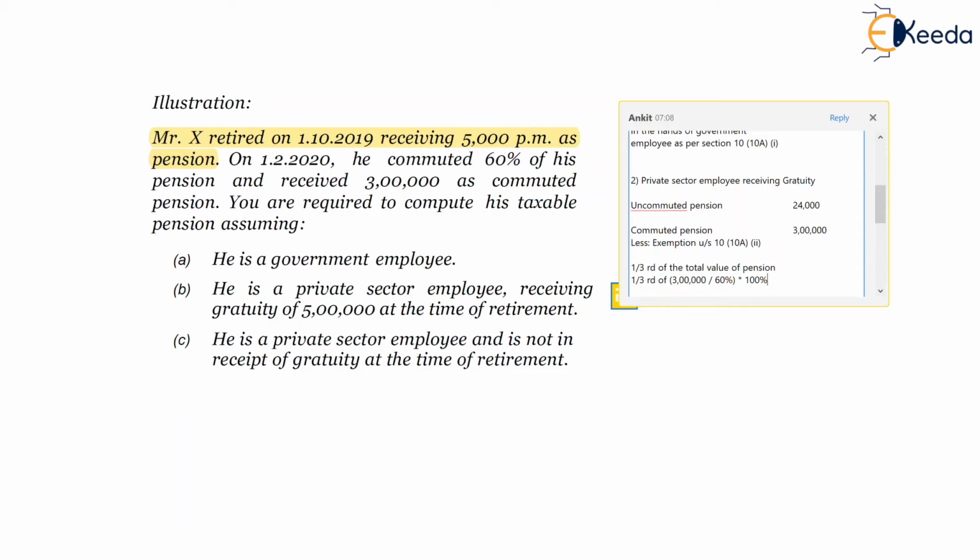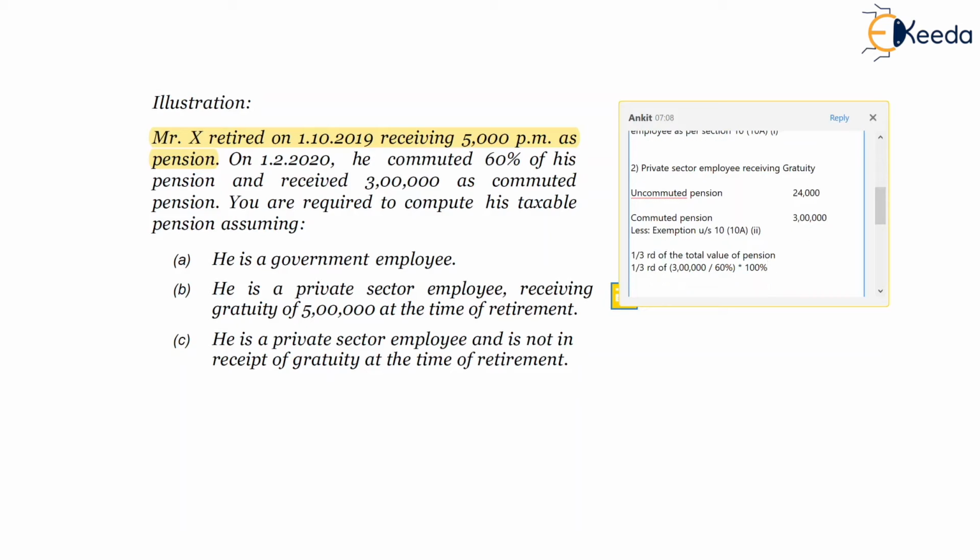It is 3 lakhs divided by 0.6, which is 5 lakhs, and one third of it, divided by 3, is 166,667, right?